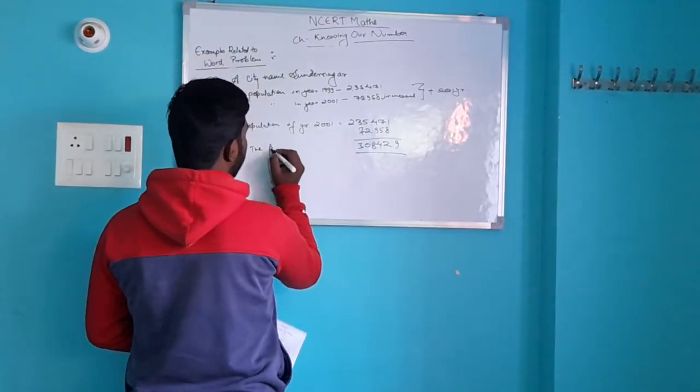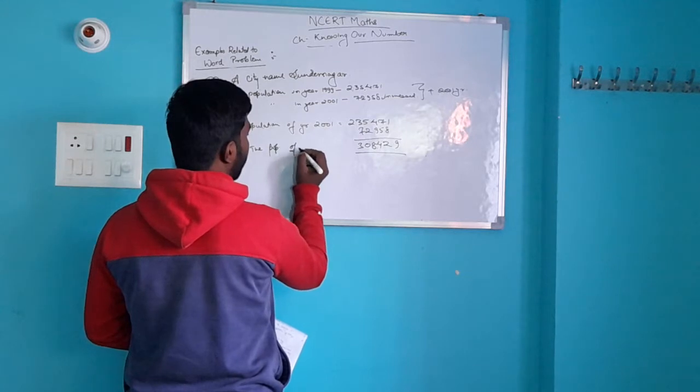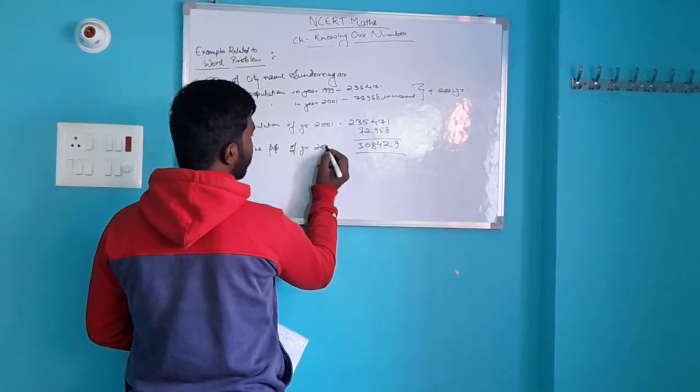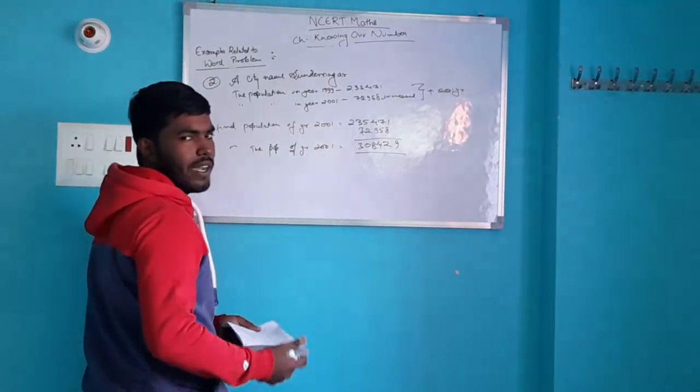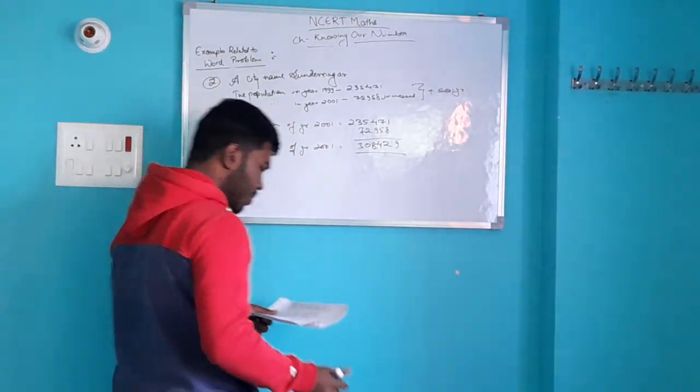The population of the year 2001 is 7,08,429. I hope you understand this example.